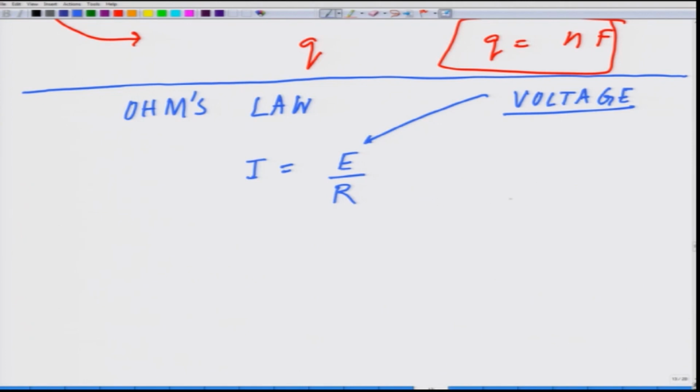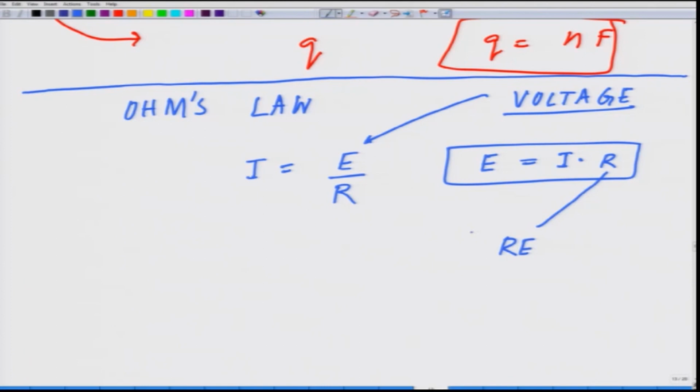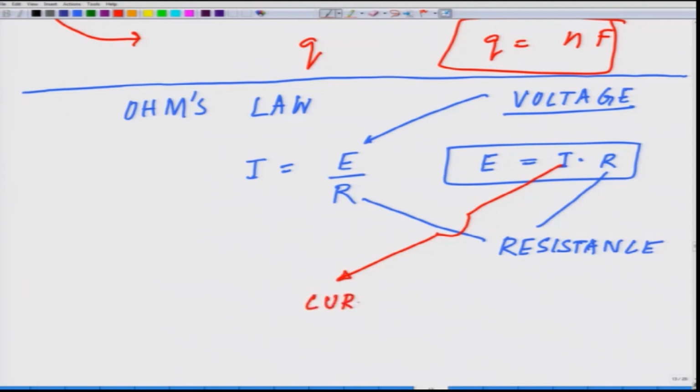So, V is equal to IR, or E is equal to IR, where R is the resistance and I is the current. This is the third relation you will have to remember, the relation between current, voltage and resistance.